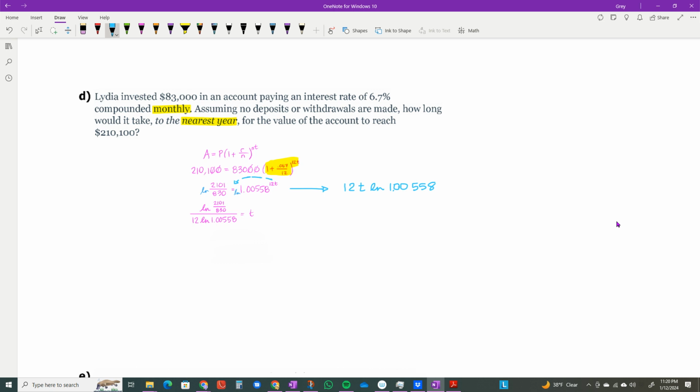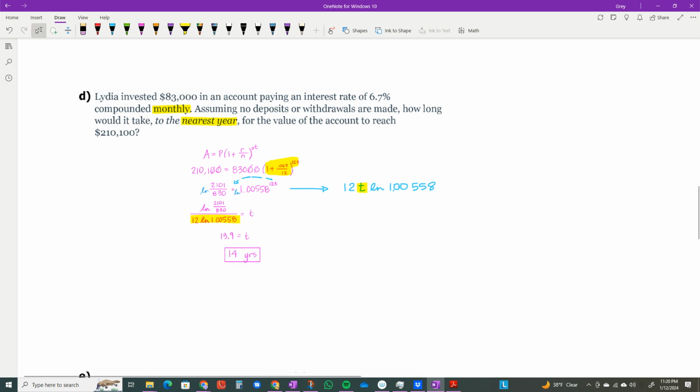So you're dividing both sides. It's all multiplication. So that's why you're dividing by 12 ln of 1.00558. Put that in your calculator and make sure you can do that accurately. You're going to get a number of t equal to 13.9. To the nearest year is going to be 14 years.